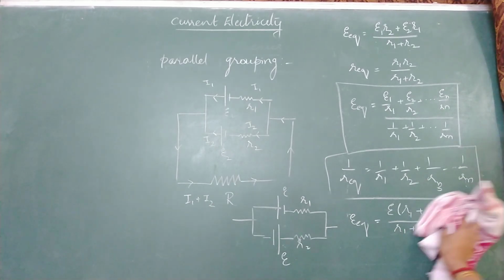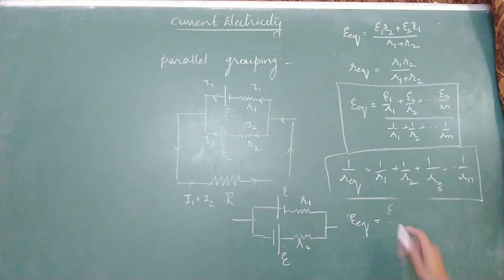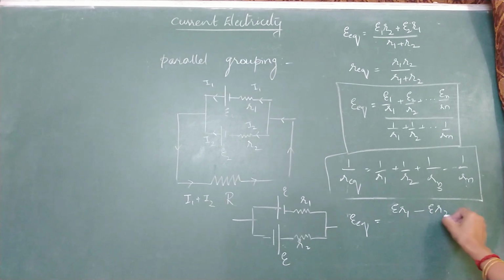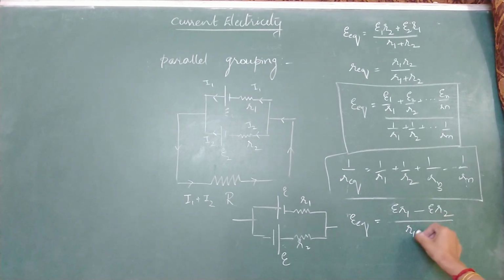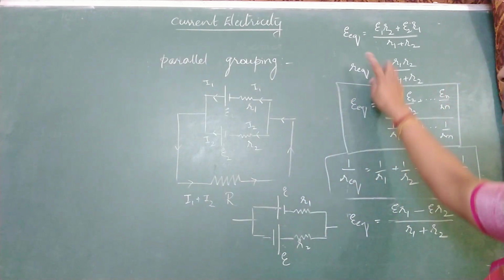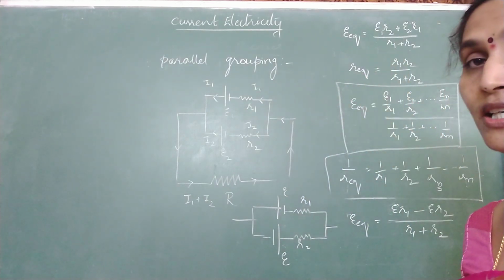Because resistances are different, I have to reverse one of them. E into R1 minus E into R2 divided by R1 plus R2. So whichever is greater, if you get a positive value, then we will understand that R1 is more. If it is negative, R2 is more. So this is how you can modify the question depending on what the values of E1 and E2 are.